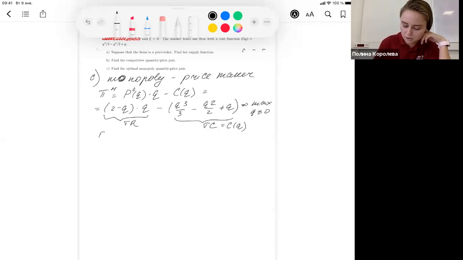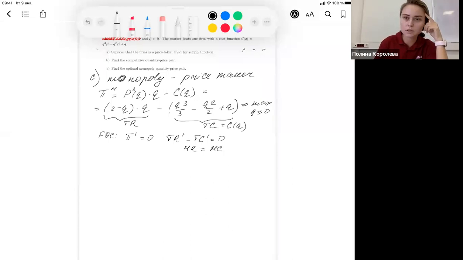Yes, first order condition. Our first derivative should be equal to 0, if we speak in general. So total revenue prime minus total cost prime should be equal to 0. The first derivative of total revenue is marginal revenue, and the first derivative of total costs is marginal cost.